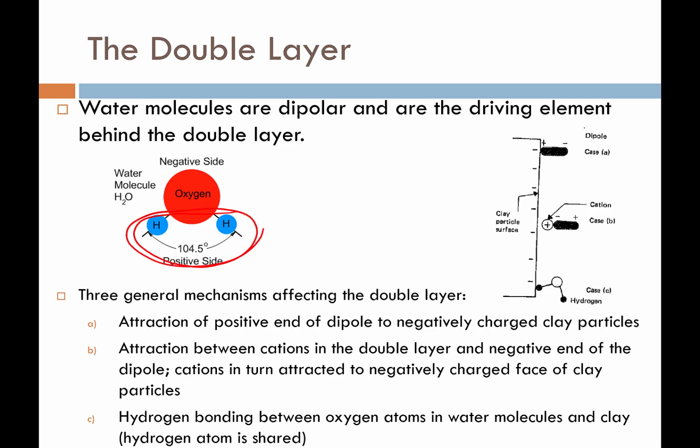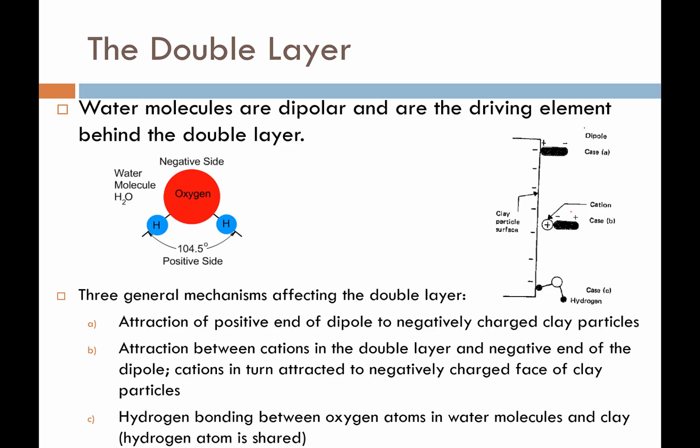Now, combined together, they have no charge, but it's not like the charges are equally balanced. So, what does that mean? If I have my clay particle surface there that has a net negative charge, the positive side of water, meaning the hydrogen side, is going to pull itself and attach itself to those hydroxyl ions on the sheets, okay? And it will have covalent bonding.